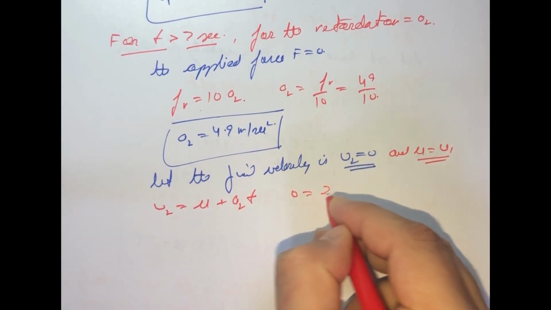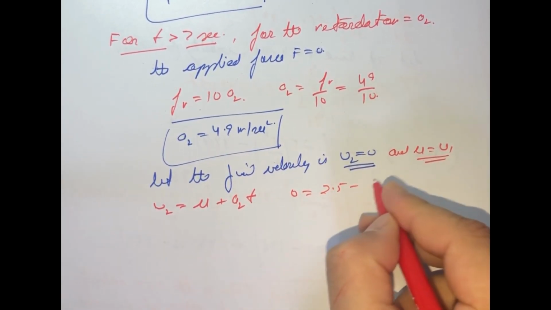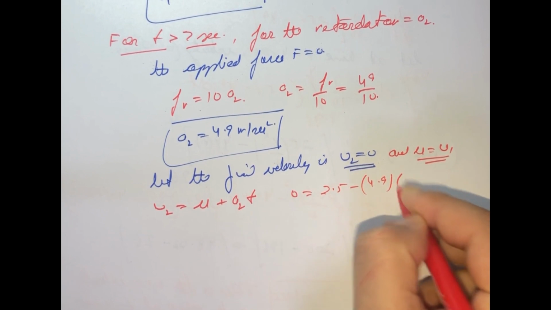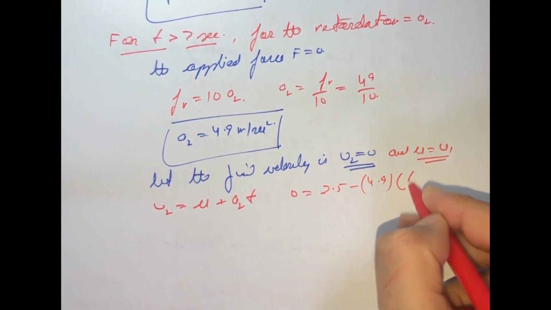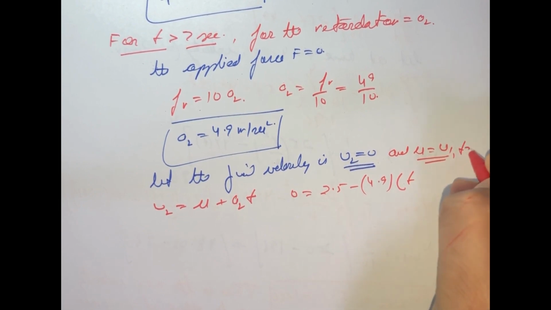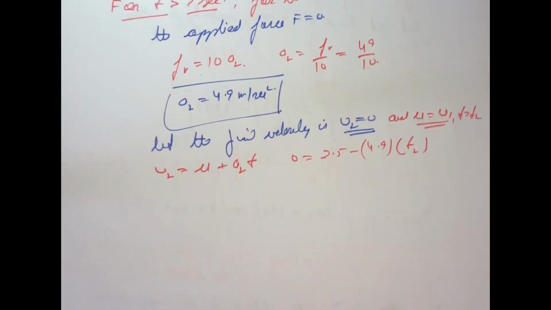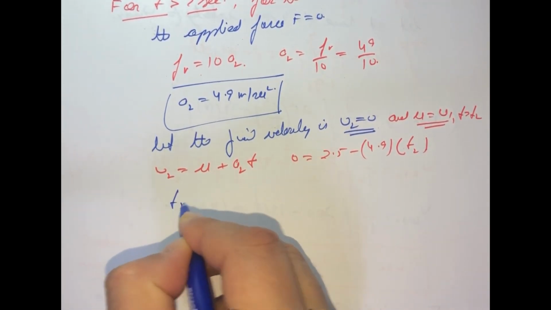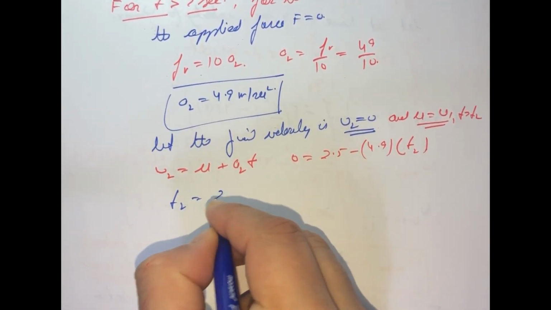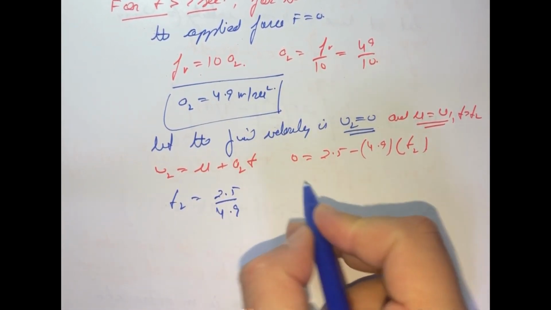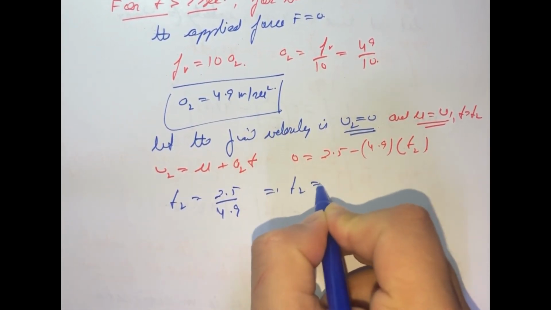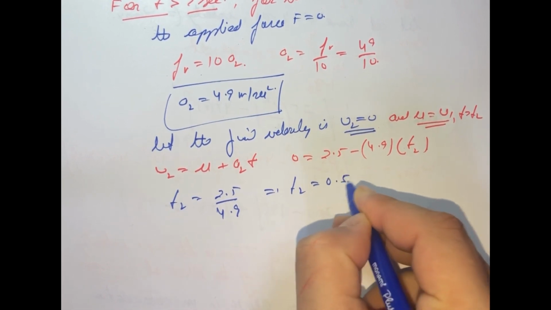So this will be 2.5 minus 4.9, and let us suppose t is equal to t2. So t2 will be equal to 2.5 divided by 4.9. So this gives us that t2 will be equal to 0.5.